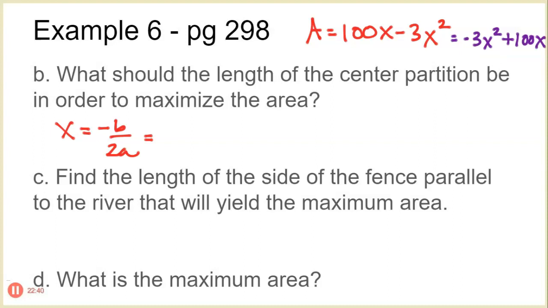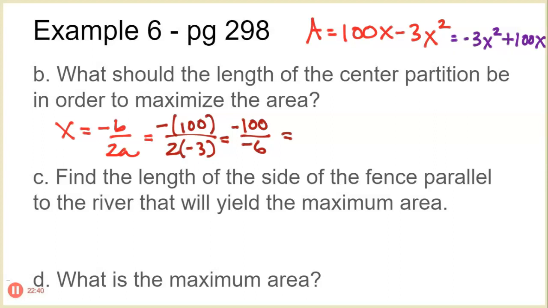So when I set this up, the opposite of b, so the opposite of 100, divided by 2 times negative 3. So negative 100 divided by negative 6. And it's important that we pay attention to our negatives, because I don't want that value to be negative, because we're talking about distance here.